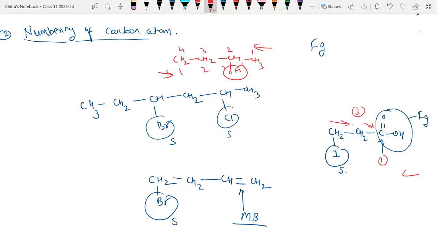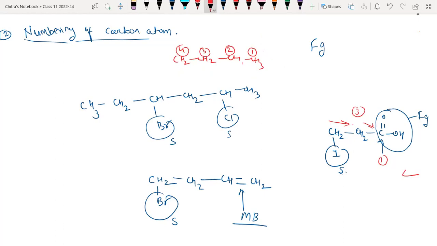So which is the minimum distance for OH? From the right side, right? So we have to number the carbons from this side only, and accordingly we write the name.